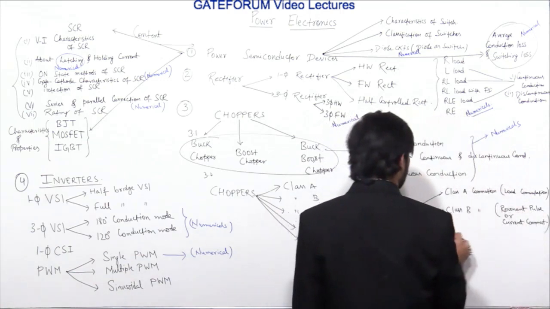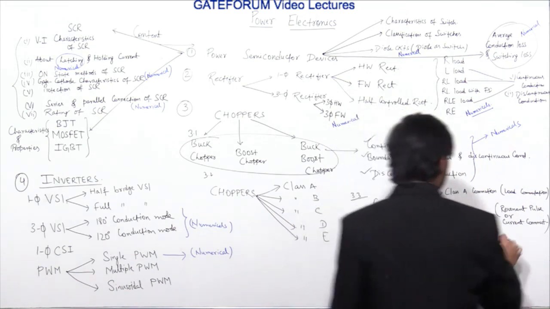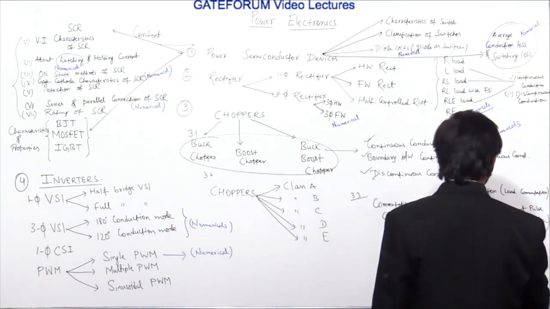We'll have class C commutation, which is also called complementary commutation.